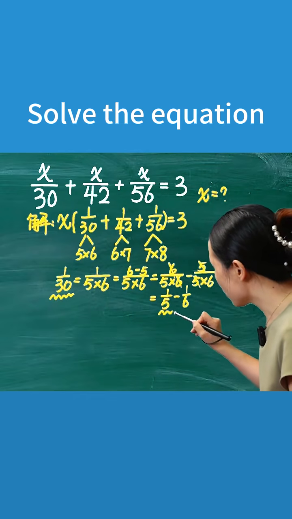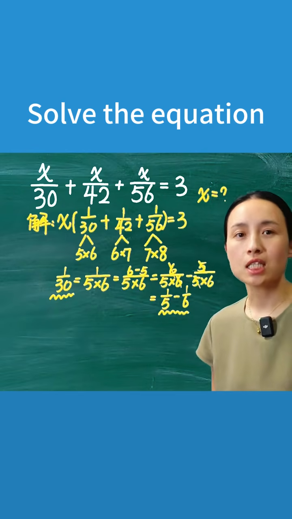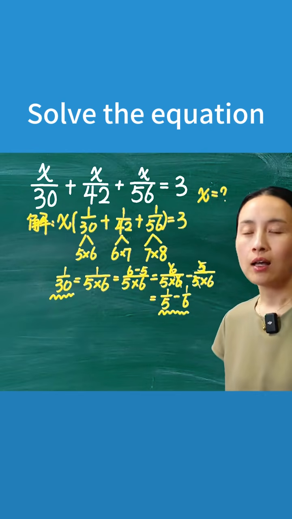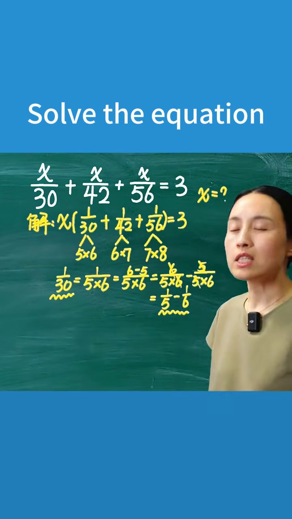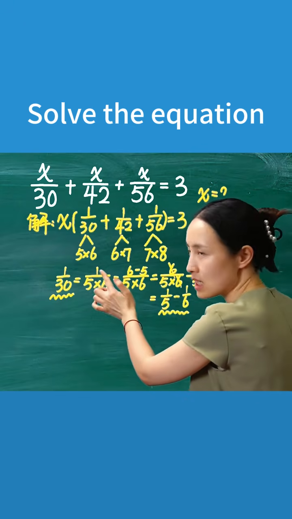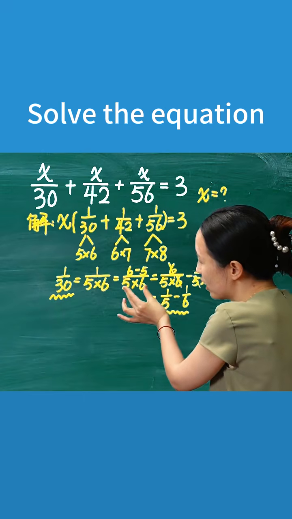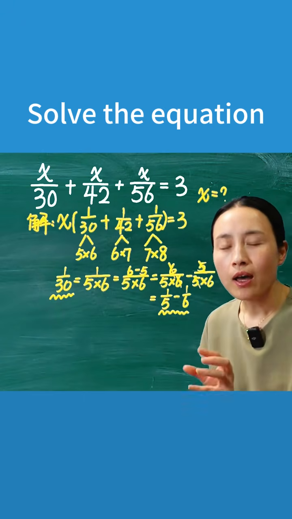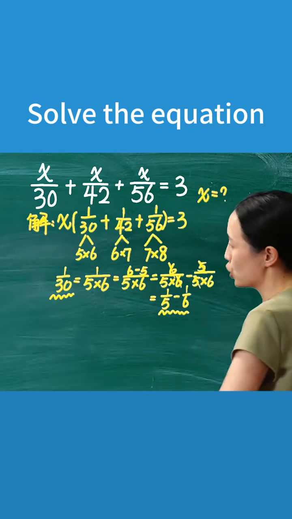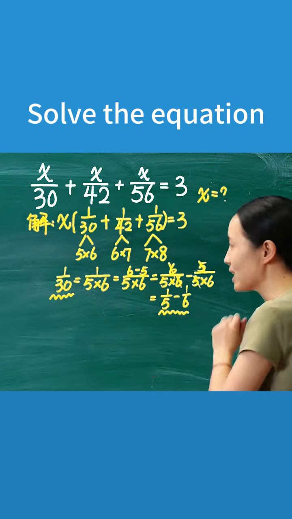In this process, there is also a mnemonic called product of denominators, difference of numerators. You see, the denominator is the product of two numbers, and the numerator is the difference between those two numbers. When you encounter this pattern, you can just perform partial fraction decomposition directly.